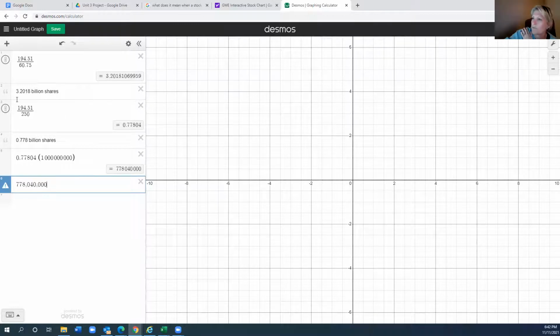That's what it is. So it'd be 778,040,000. So when you go to find your number of outstanding shares and you take your market cap and divide by your current price, if it doesn't come out to be a whole billion, then you just have to multiply by the 1 billion with the zeros, and then it will get to a number that you can read again, and it'll be in millions. It's a little quirky.